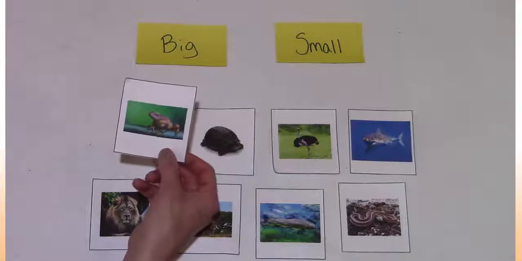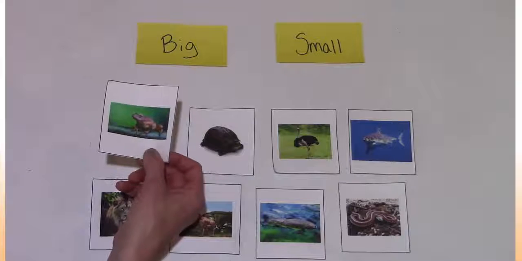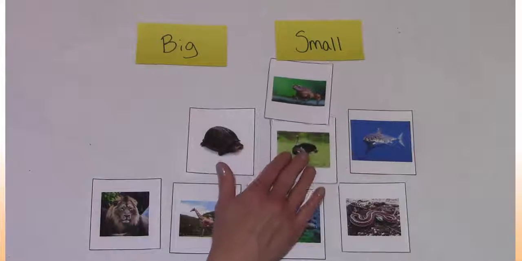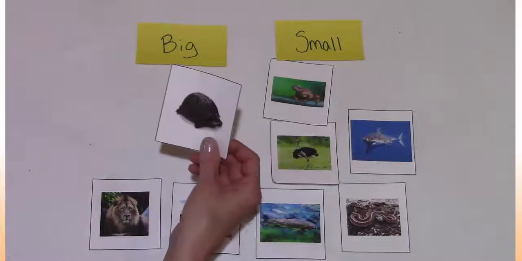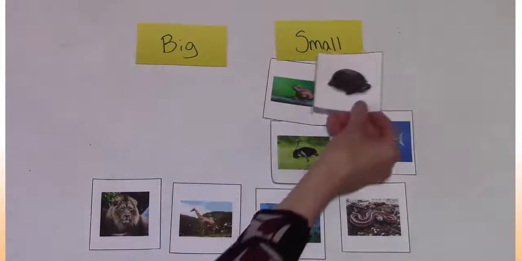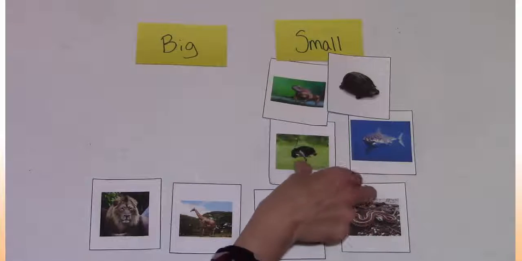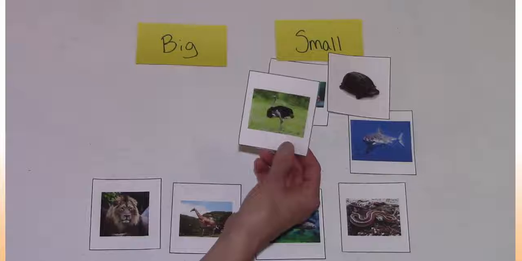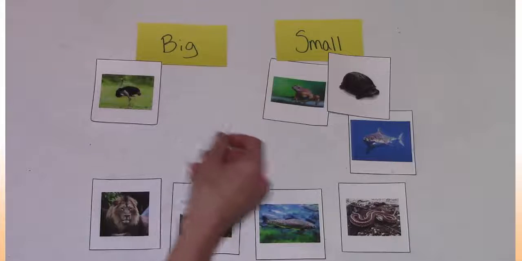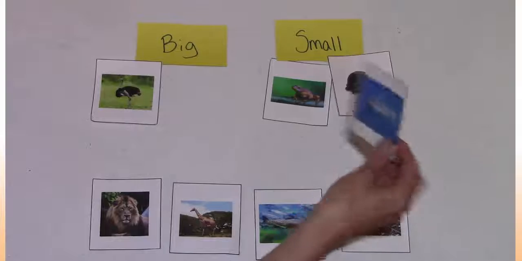Frog. Do you think a frog is big or small? Yeah, I agree. A frog is pretty small. A turtle. Turtle looks pretty small too. Ostrich. That's a pretty big bird. I'm going to put that in the big category. Look at that shark.